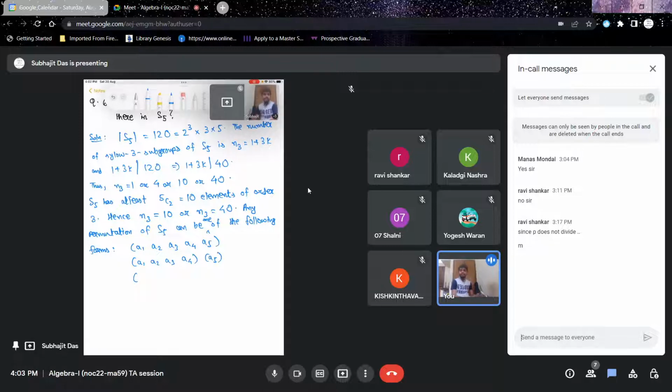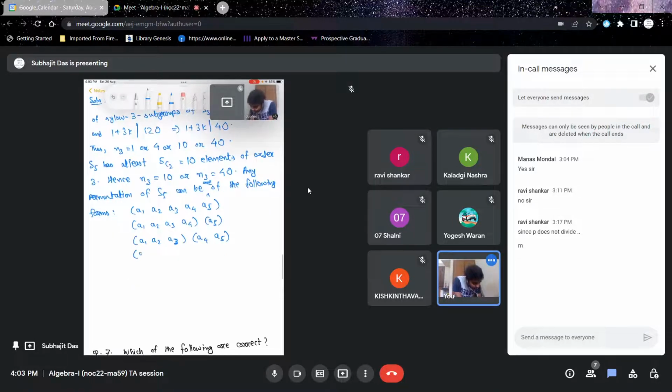You can write any permutation as a product of disjoint cycles. Or it can be a 3 cycle (a1 a2 a3) together with a 2 cycle (a4 a5), or it can have the form (a1 a2 a3) together with 1 cycles (a4) (a5), or it can be of the form, let's say, a 2 cycle (a1 a2) together with a 2 cycle (a3 a4) together with a 1 cycle (a5).